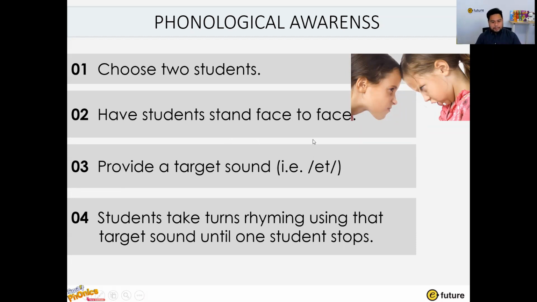Et. And then the students will go back and forth trying to rhyme. Think of as many words as they can for the target that you gave them. Whether or not you want to include nonsense words, maybe, maybe not. But try to get them to produce as many words as they can, and the student that can produce the most wins the round or wins a point.